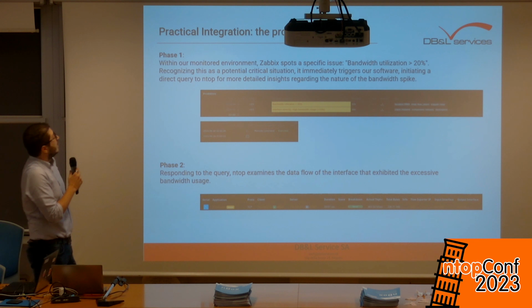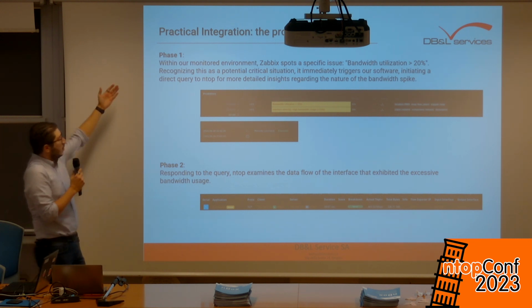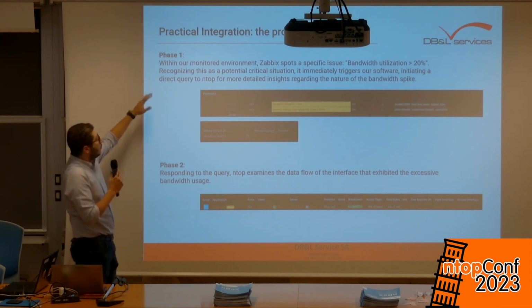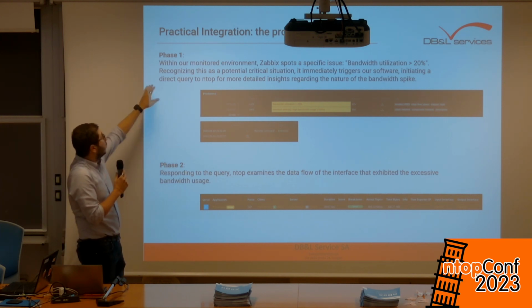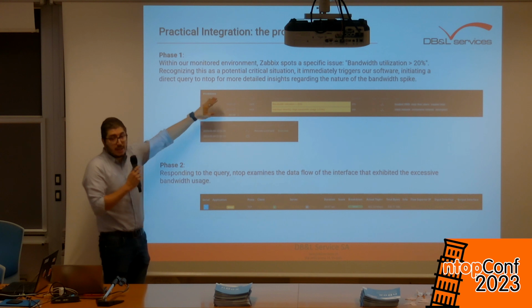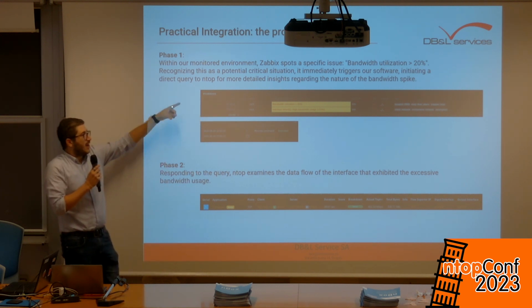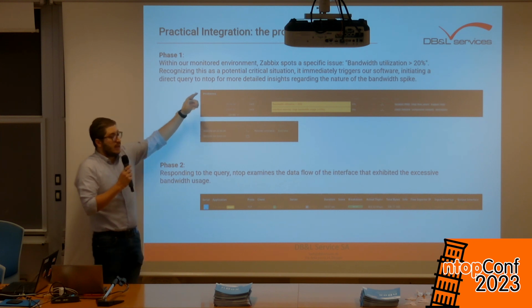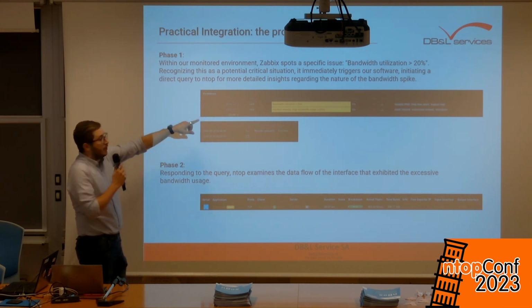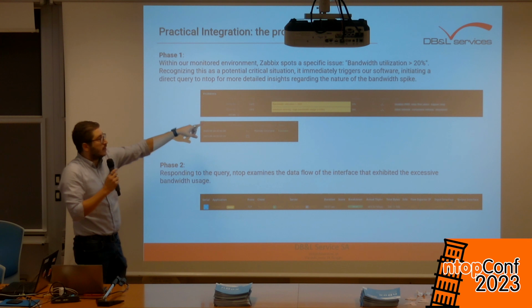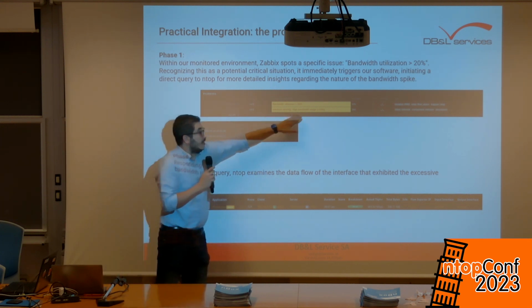Here we are in the use case. Here you will see how it works and the various steps. So in the first phase, Zabbix will find that there is an issue because the item that is monitoring the bandwidth usage of a specific interface has been triggered.